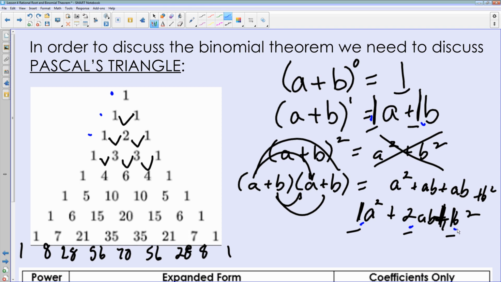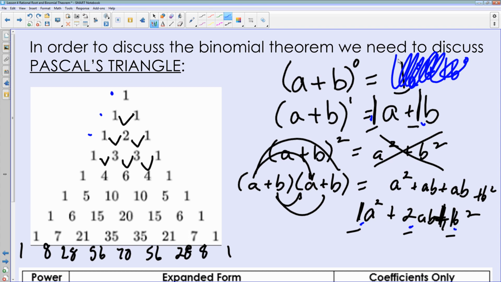Now, the powers change. For instance, this 1 is really 1a to the 0 times 1b to the 0. A to the 0 is 1, and 1 times 1 is 1.